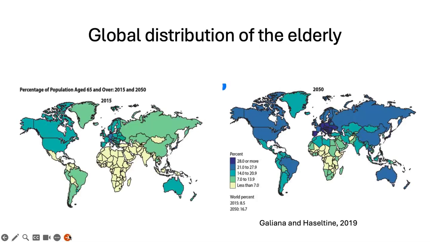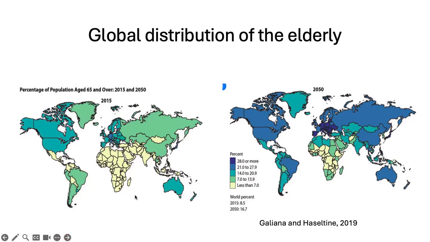So, if we look at the global distribution of the elderly, we find that in 2015, about 7% of the population was elderly in Africa, because I'm mainly based in Africa.